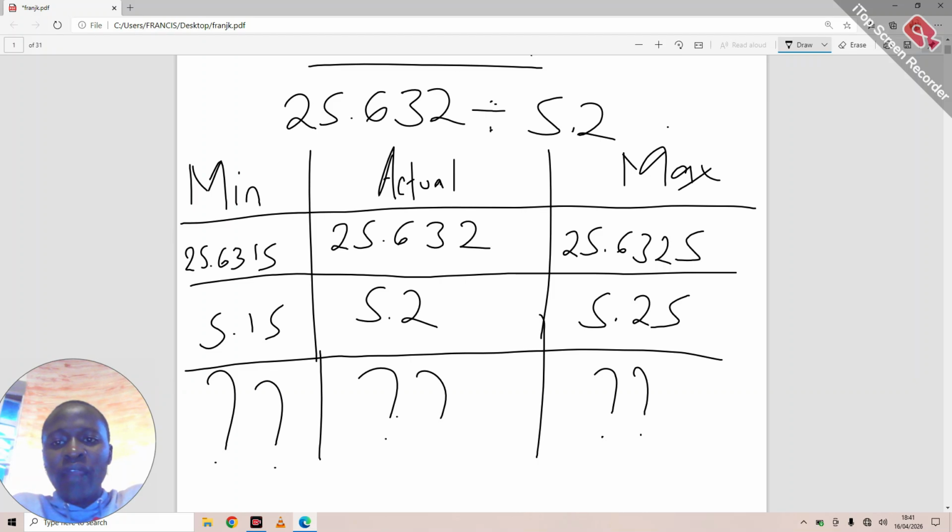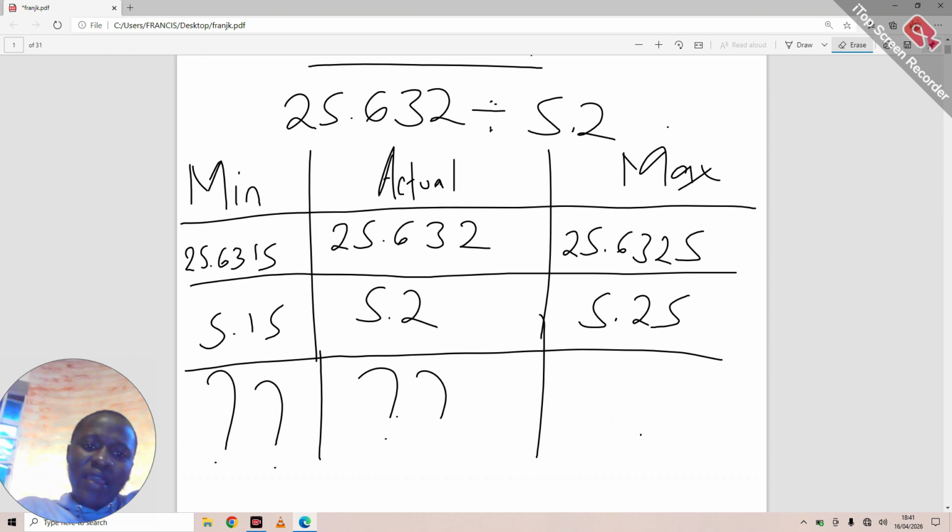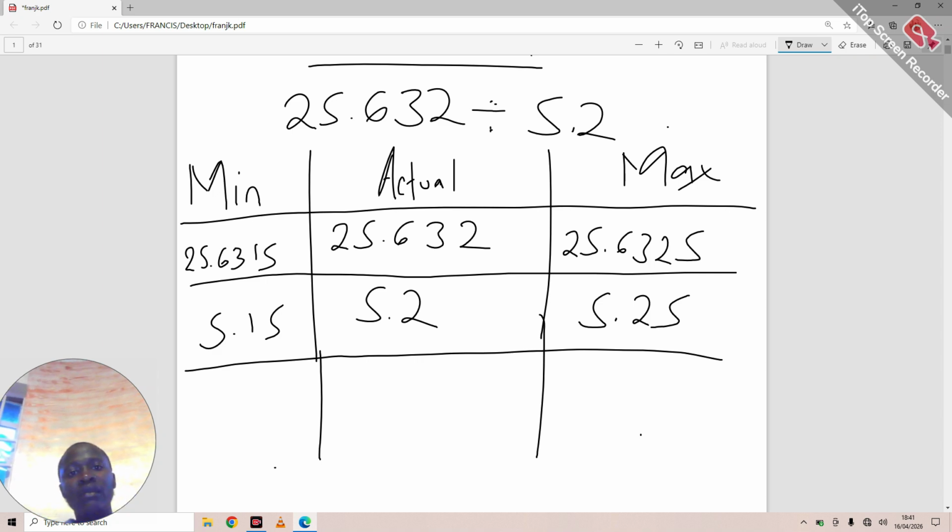If we were to multiply, then we were taking directly 25.6325 multiplied by 5.25, and so forth. But when it comes to division and subtraction, that procedure changes. The way we shall get our total or our final working will be different from the procedure we were applying in multiplication or addition.